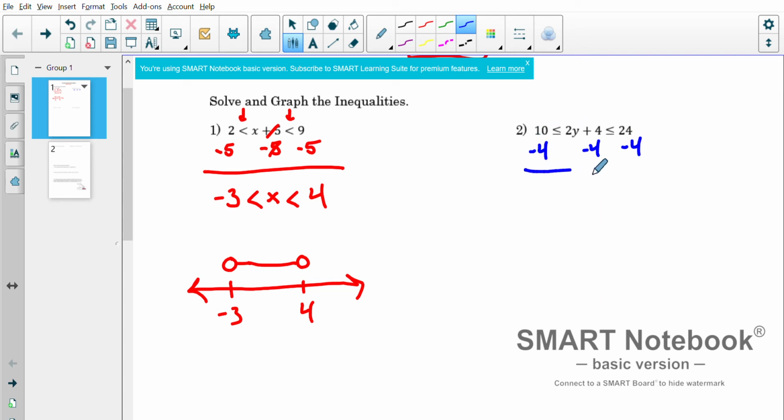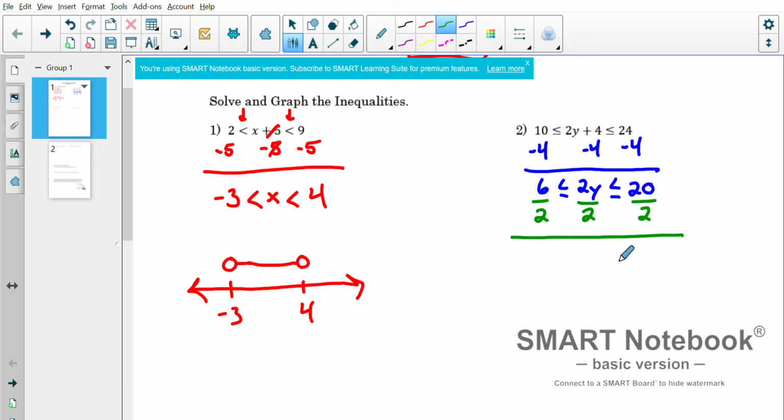10 minus 4 is going to give me 6, is less than or equal to 2y, is less than or equal, 24 minus 4 is 20. Now, inverse operations, 2 times y, the inverse, we're going to go ahead and divide by 2. Same thing, if we divide in the middle, we have to divide by that 2 on all 3 sides. 6 divided by 2 gives me 3, still less than or equal to.